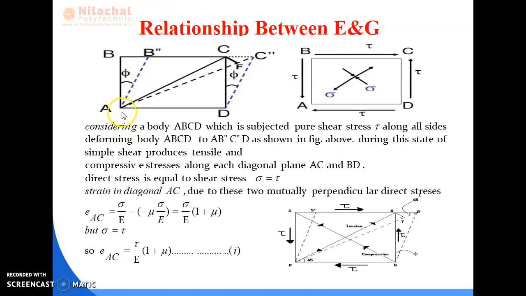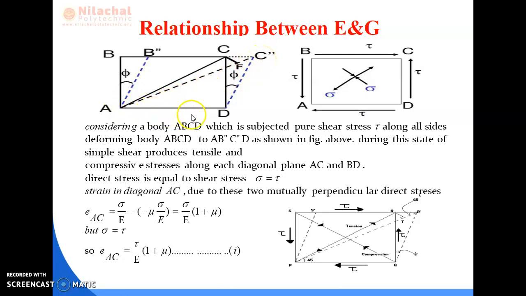If we are considering AD is fixed and BC is free, and we are going to apply the shear stress, due to which the side BC will be elongated to B double dash and C double dash, which in turn increases the value of diagonal AC to AC double dash.